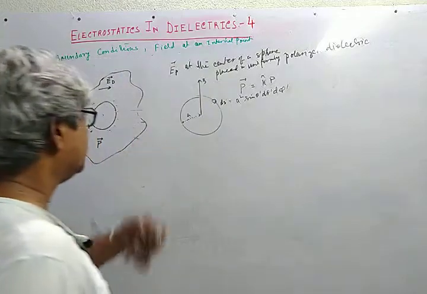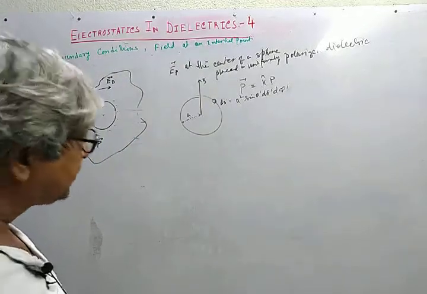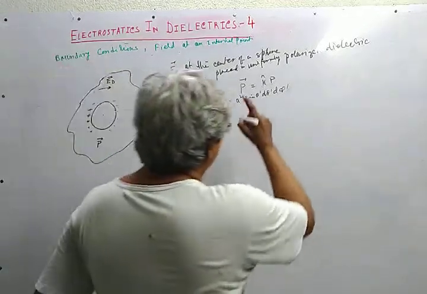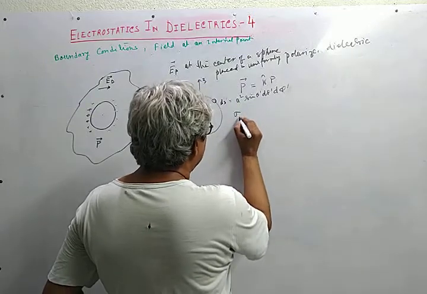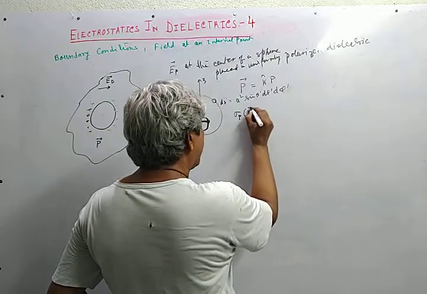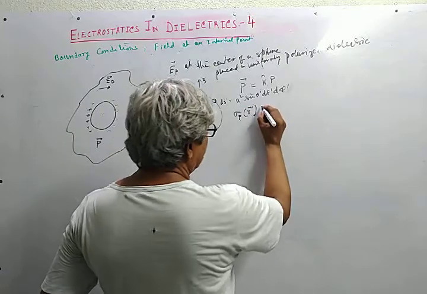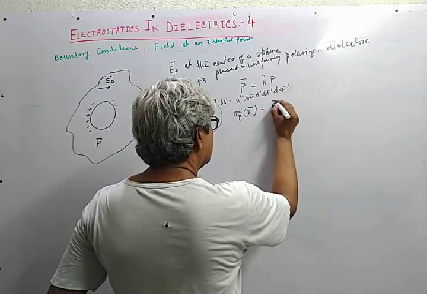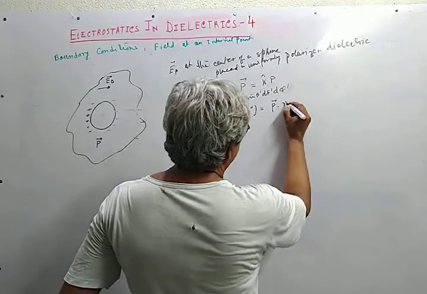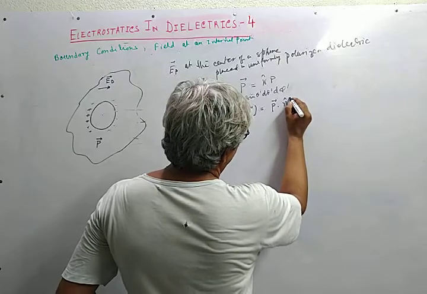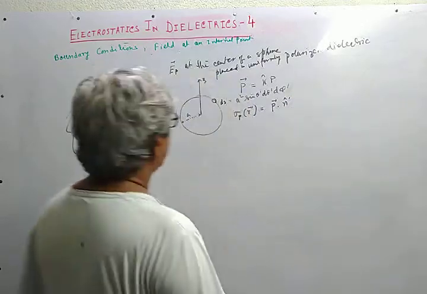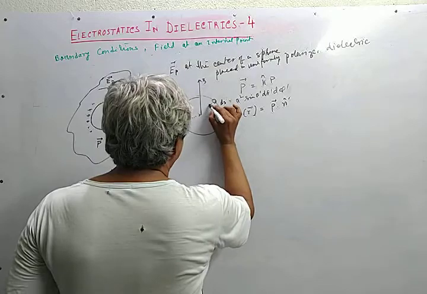This is the area. So the surface density of charge sigma_p at r prime, the source coordinate, is P dot n prime.